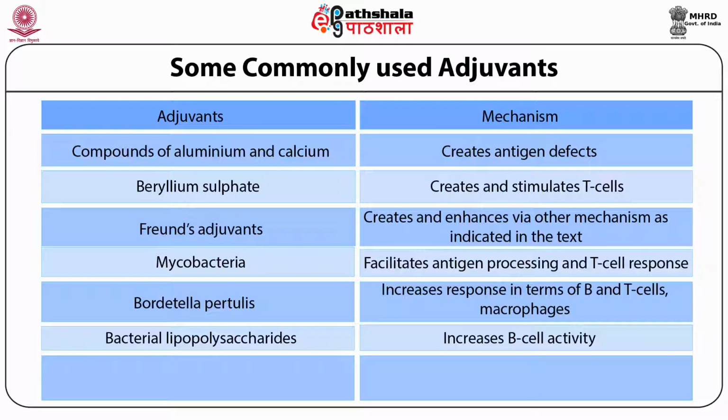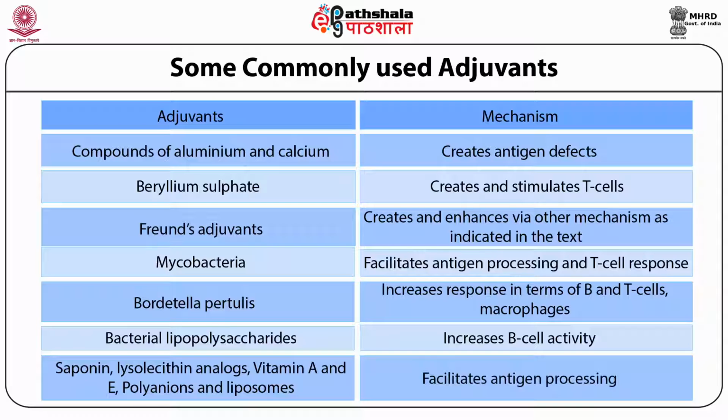Many other substances like saponin, lysolecithin analogues, even vitamins A and E, some polyanions and liposomes, are supposed to work as adjuvants by facilitating antigen processing.